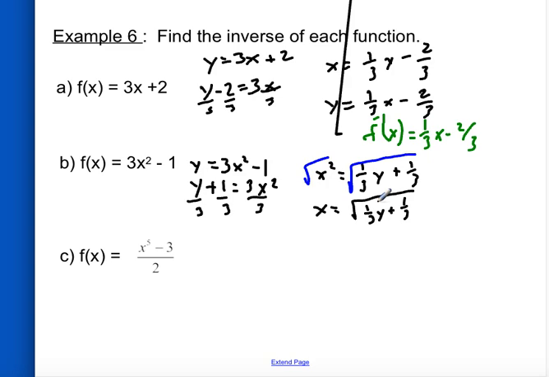And so after we've done that, remember, because we took the square root there, we actually have a plus or minus on the outside here.